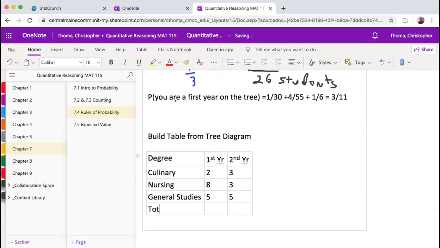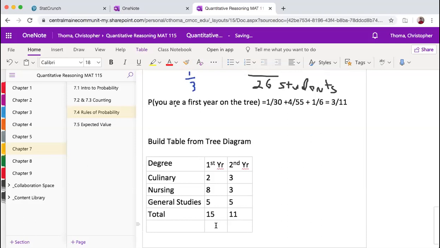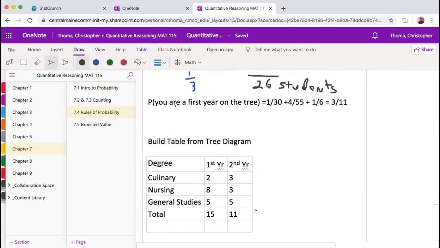And then we can have our totals, right? So our total here is 2 plus 8 plus 5 is 15. So we have 15 in the first year and 11 in the second, for a total of 26.